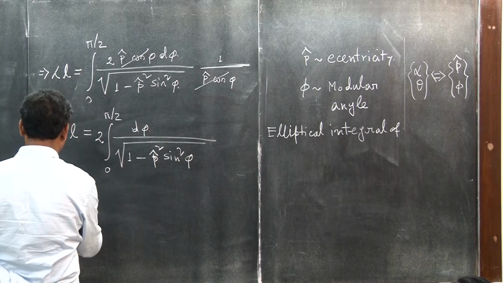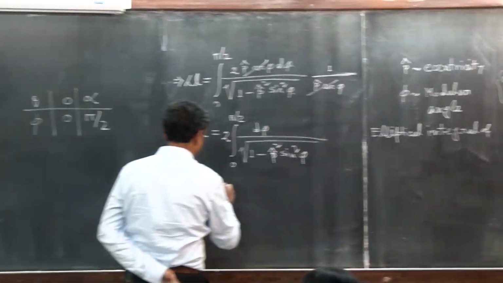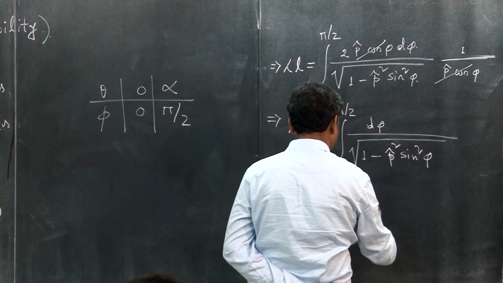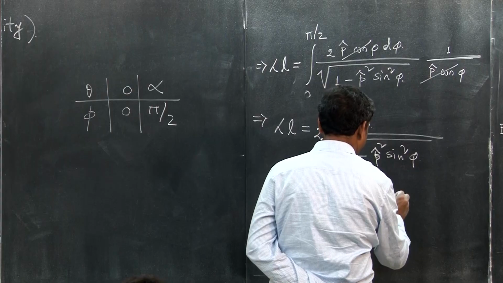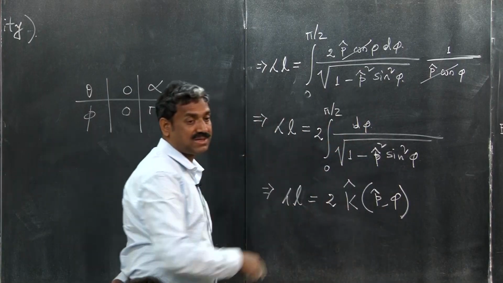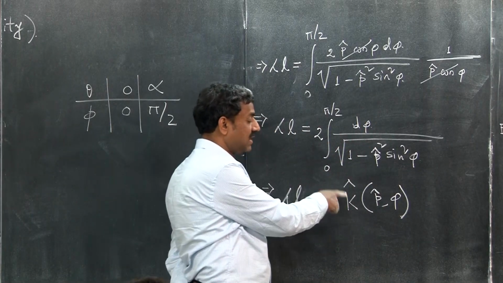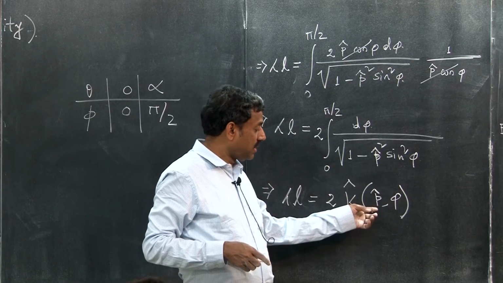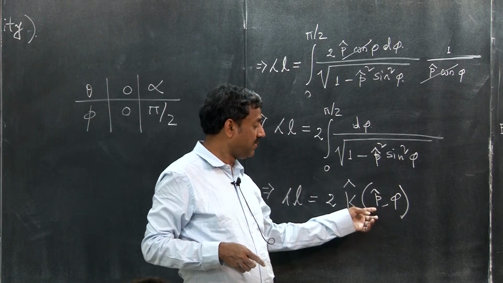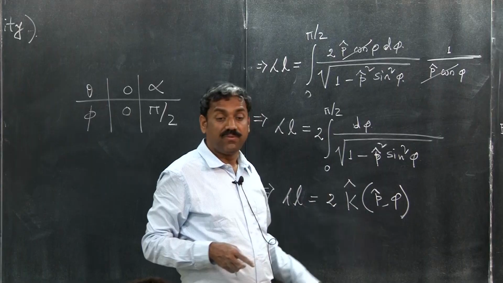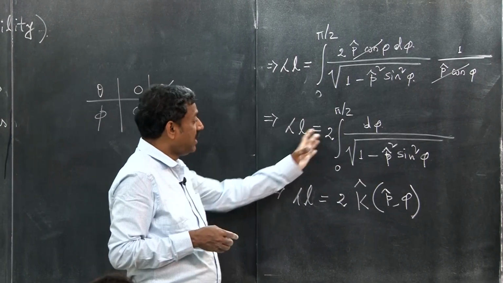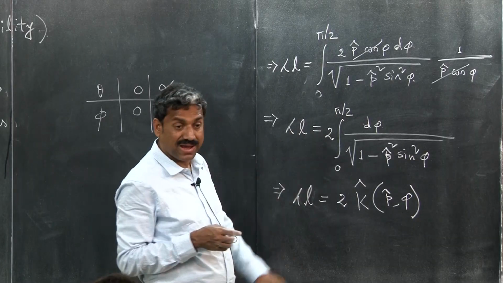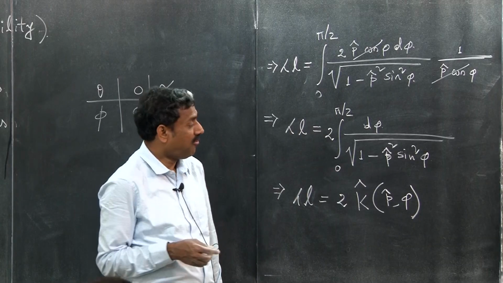Here you see that this is defined as elliptical K of p cap and phi. So K is defined as the elliptical function. You can give the command for a given p cap and phi, a given value of eccentricity and modular angle, and you can find the value, and then you will be able to find lambda L, right?